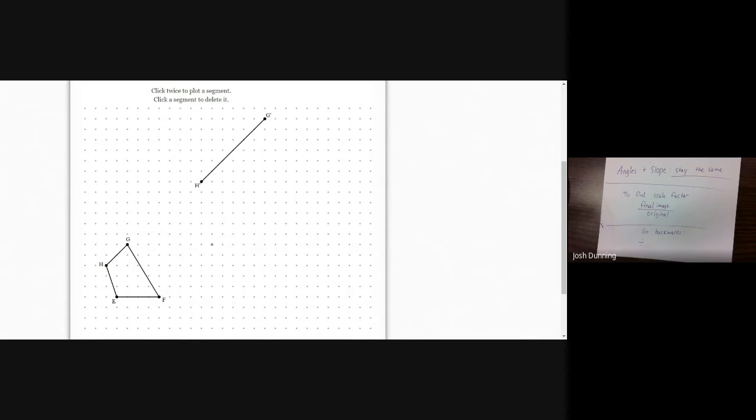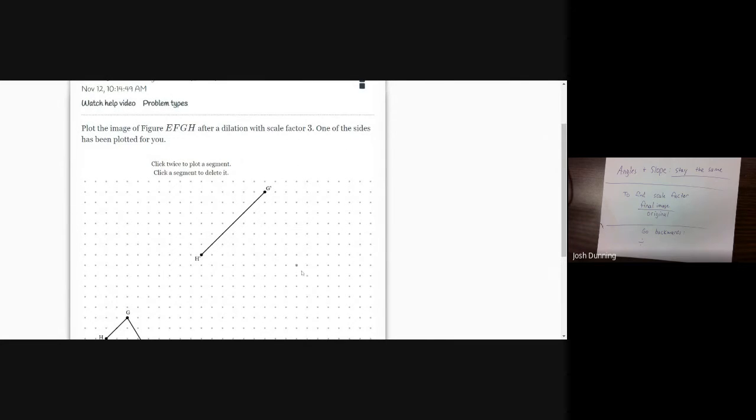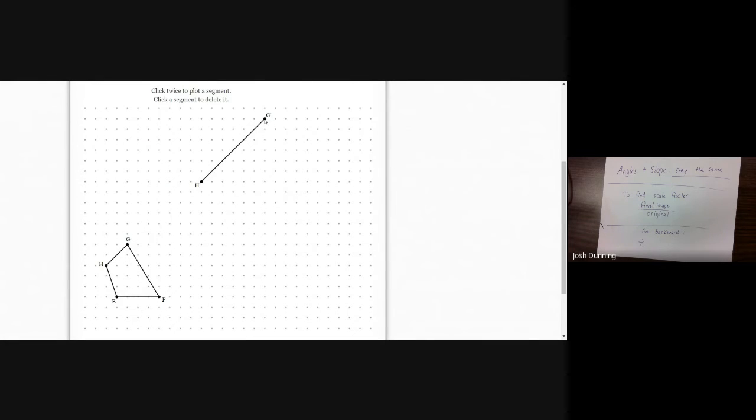So what we'll do, we want the slope overall to stay the same. So we have down 5 over 3. Let's just multiply that by 3. So down 5 becomes 15. 1, 2, 3, 4, 5, 6, 7, 8, 9, 10, 11, 12, 13, 14, 15. And then instead of over 3, multiply that again by the scale factor of 3. We've got to go over 9. 1, 2, 3, 4, 5, 6, 7, 8, 9.